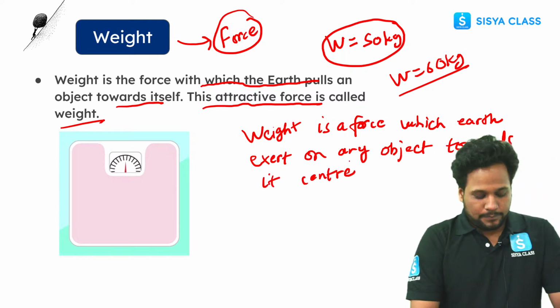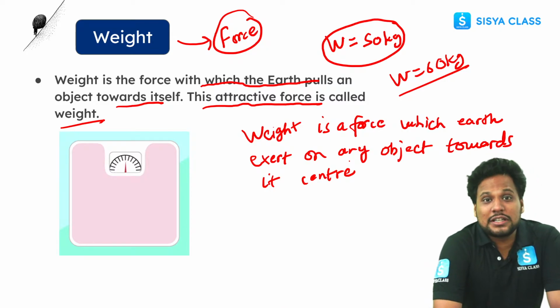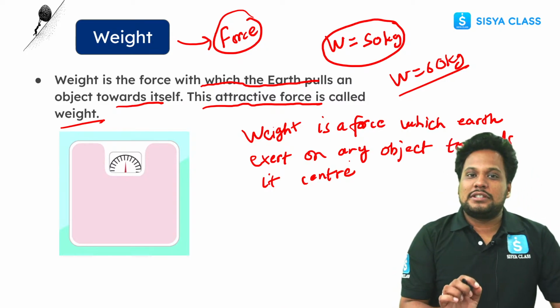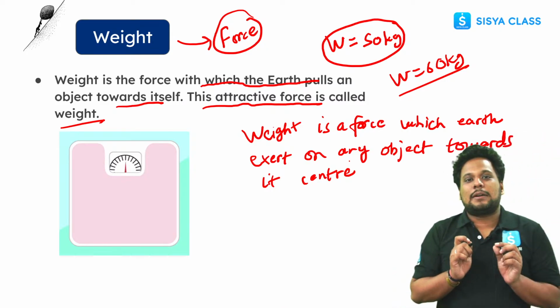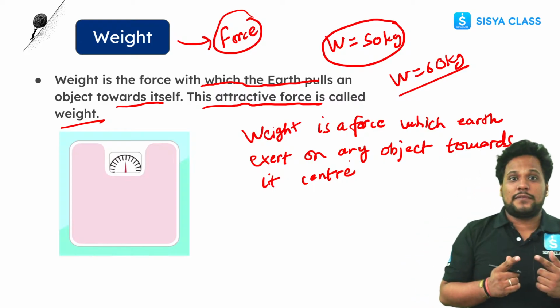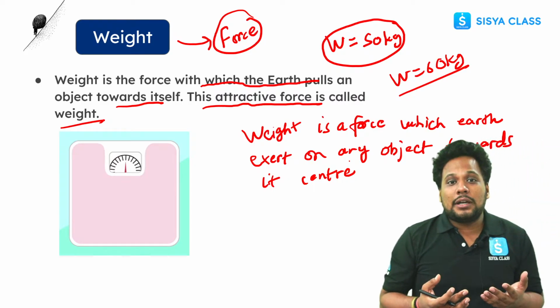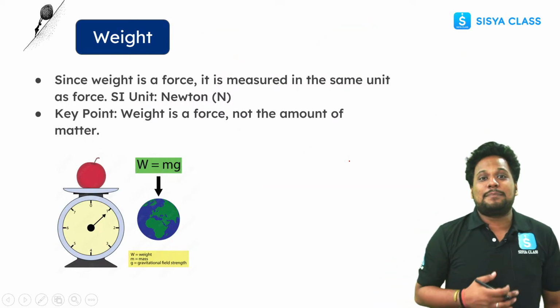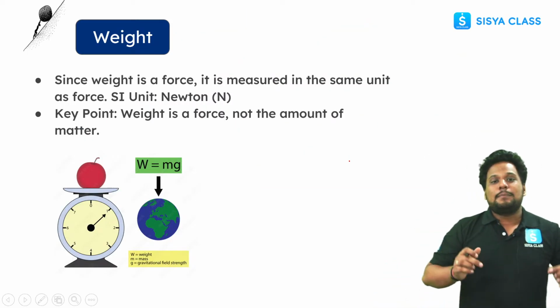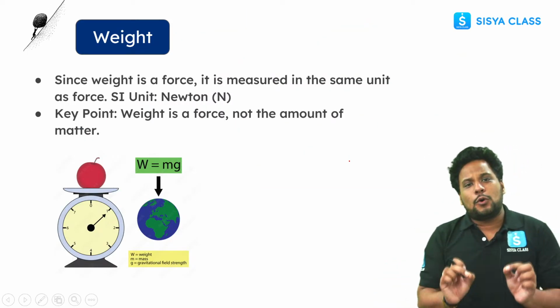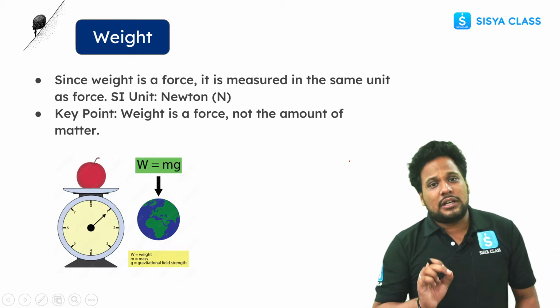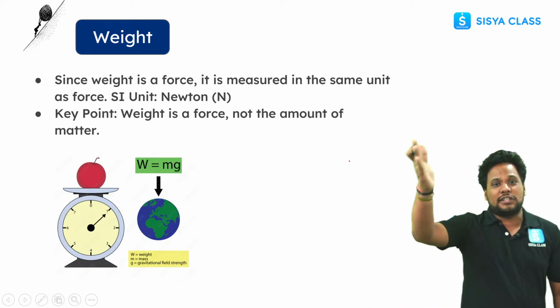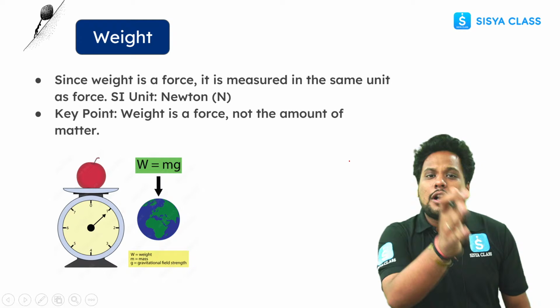Okay. So what is weight? I told you, weight is a force. Just remember this thing, weight and mass are completely different concepts. From next time, if someone asks you what is your weight, don't tell them that my weight is 50 kg. What you have to tell them is that my weight is 50 Newton. Why? Because if weight is a force, and the unit of force is Newton, then the unit of weight is also Newton, right?